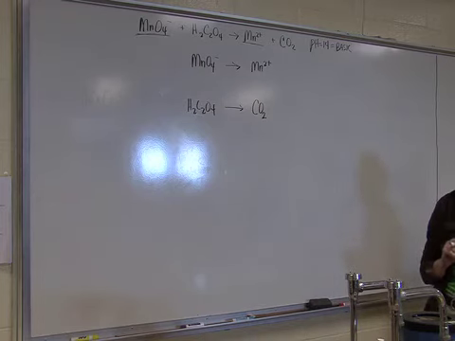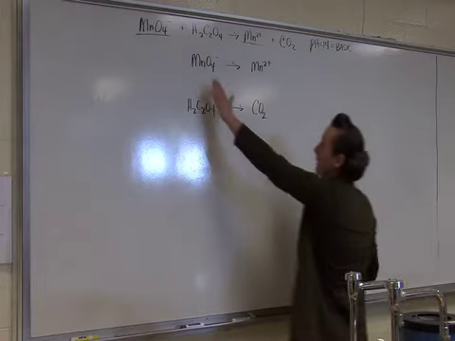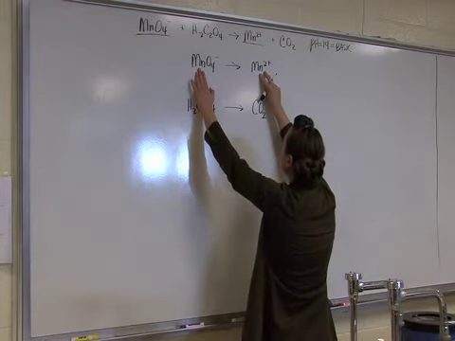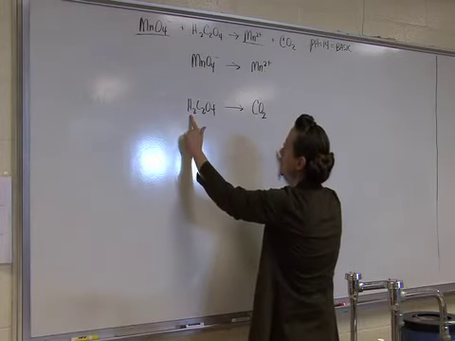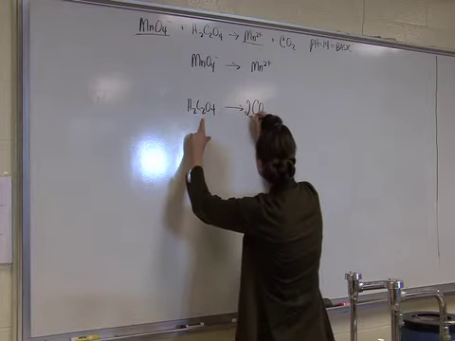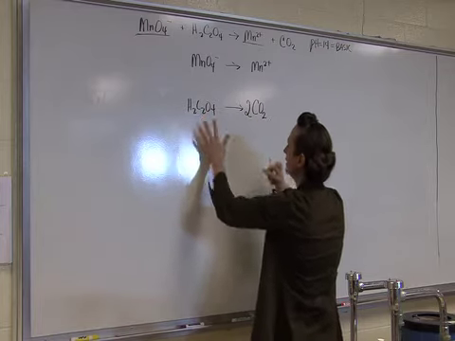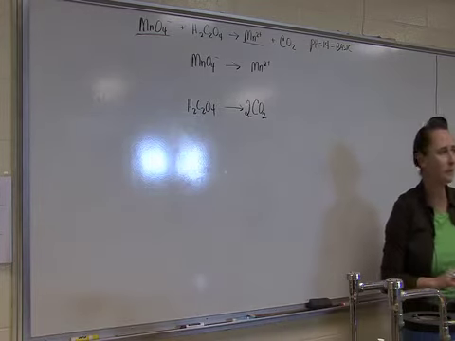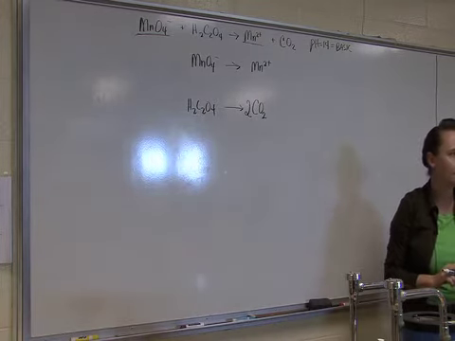So the next step is balance the atoms other than hydrogen and oxygen. We correct those with water and H+. All right, 1 manganese, 1 manganese. Carbon, 2 carbons. So I need 2 carbons over here, and then that takes care of all of my atoms other than oxygen and hydrogen.